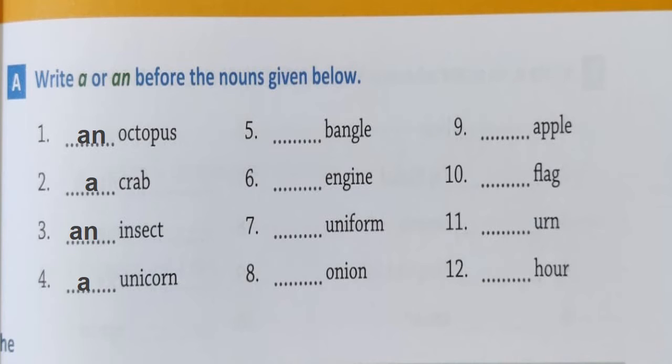Number 5, a bangle. Number 6, an engine. Number 7, a uniform. Number 8, an onion. Number 9, an apple. Number 10, a flag. Number 11, an urn. Now children, urn is a vase or a pot. Number 12, an hour.